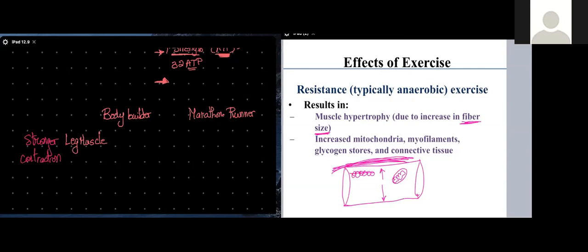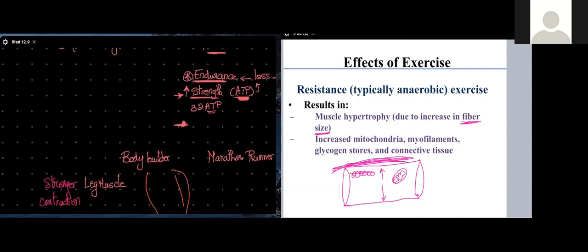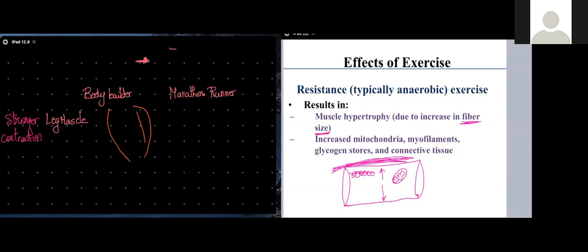See, the leg muscles of the bodybuilder are going to be huge in size compared to a marathon runner, whose muscles are much smaller in size. So which one has a stronger muscle contraction? What do you think?